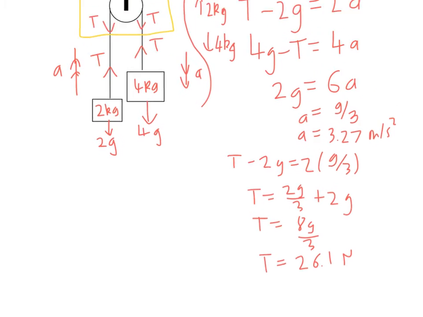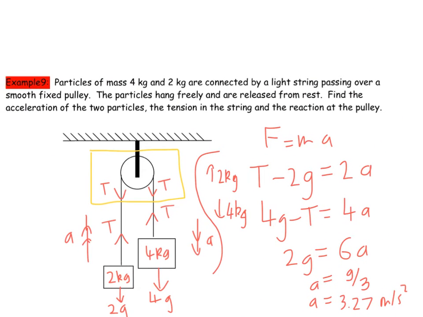Then the question also asks for the reaction at the pulley. So the pulley itself, if you think of what forces are acting on it, it's going to feel a tension pulling down this side, and also a tension pulling down on that side. So the overall net force is the two tensions there caused by the string on the pulley. The pulley obviously doesn't fall out of the ceiling, so it'll absorb that tension. There'll be a 2T going upwards to oppose that motion, so it stays stationary.